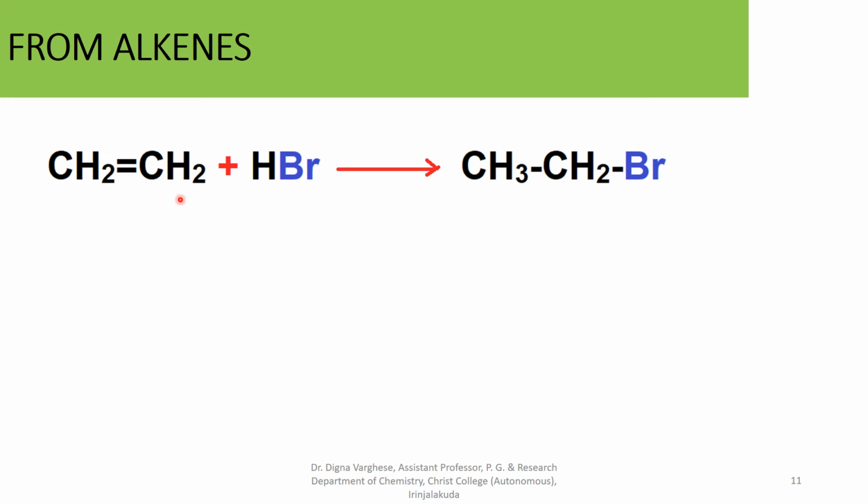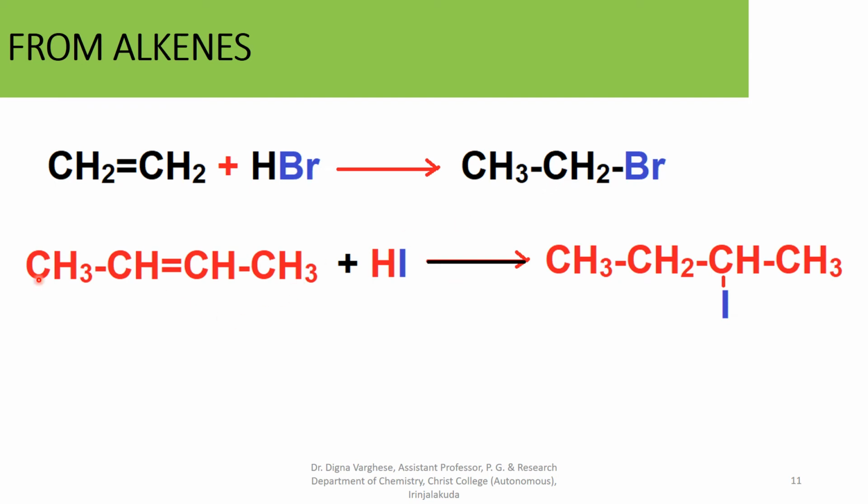So it reacts with any halogen acid, and the hydrogen can add to either of the two carbon atoms, or bromine can also add to either carbon atom, forming bromoethane.